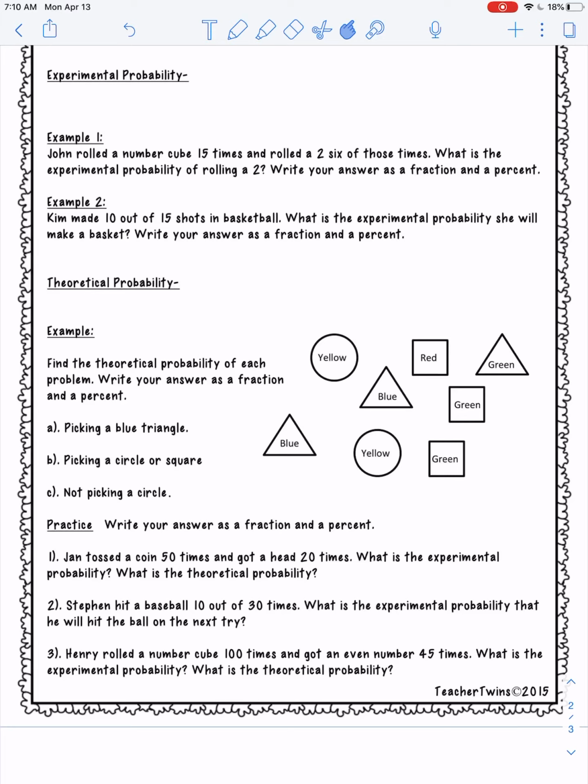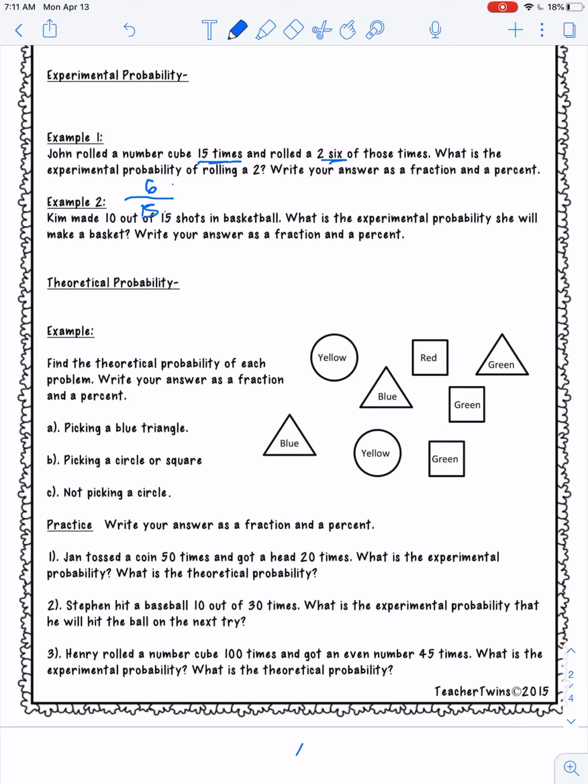What is the experimental probability of rolling a 2? So, once again, we're going to take our number of successful trials. So we had 6 successful trials, and we had a total of 15 trials. So our probability would be 6/15.